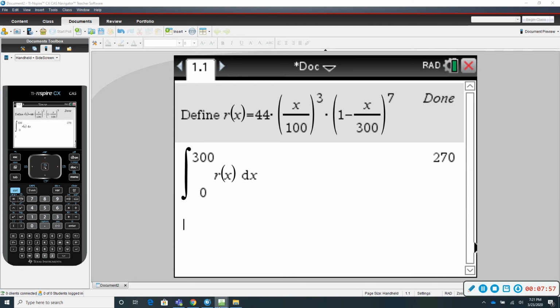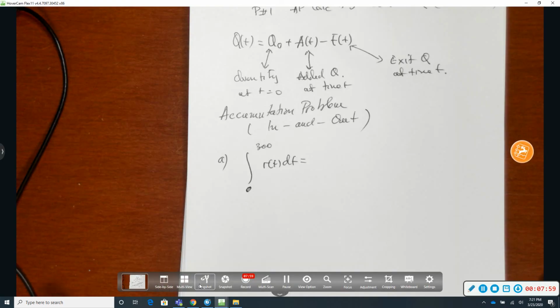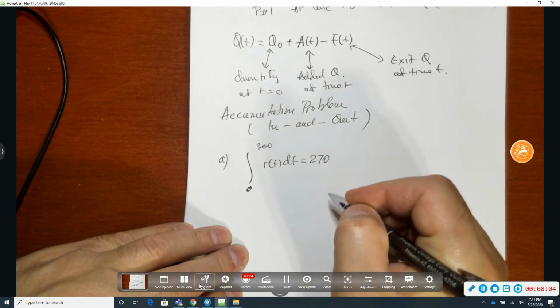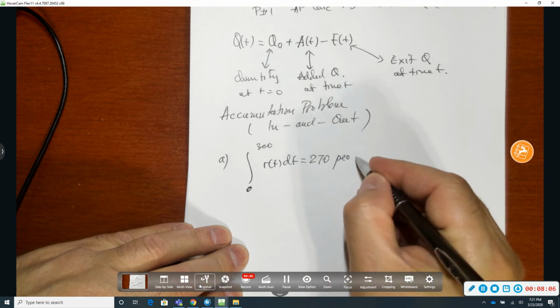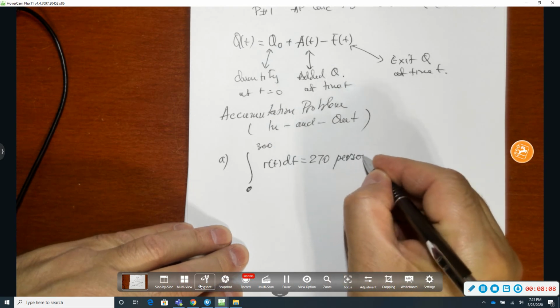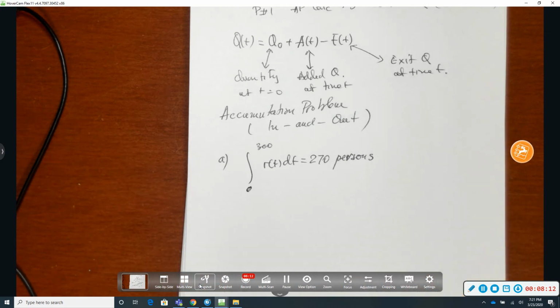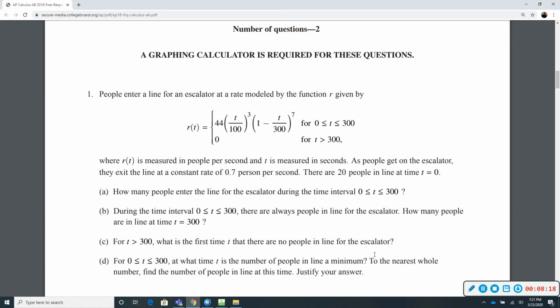Well, this is interesting, but this 270 should represent something. And in our problem, these are 270 persons. So you will say, hey, how did you know that these are persons? Well, let's go back to our problem and remember what we knew about R of t and t.